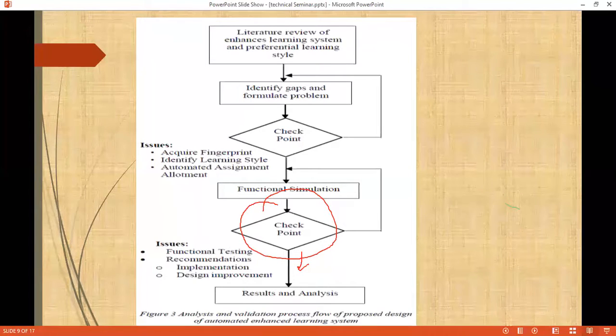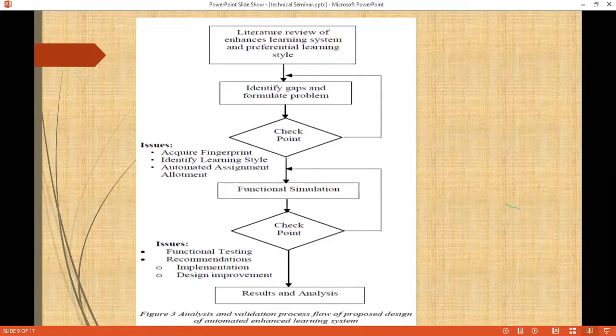Then how do you explain these two issues? This is the first issue. This is another issue. How do you explain the first issue? Where does it come from? It comes from the checkpoint at the starting 3 boxes. The next issue comes from functional simulation. Again, functional testing has to be done, whether it is correct or not, whether he is expert in the auditory learning style or not.